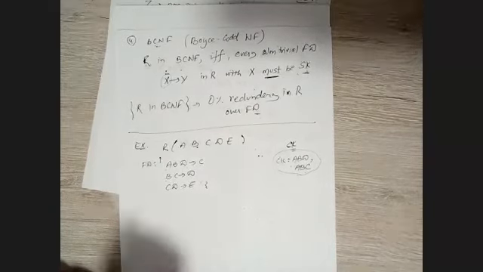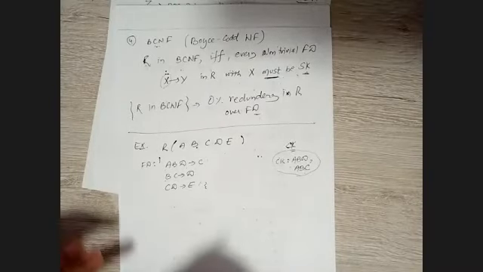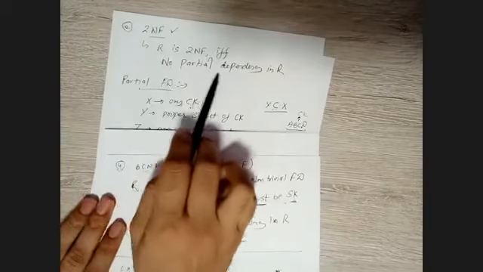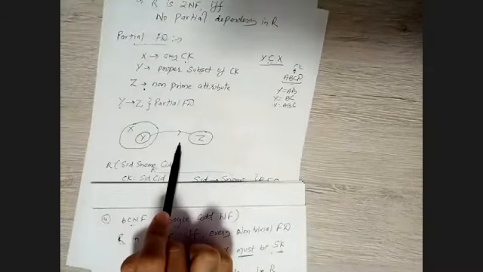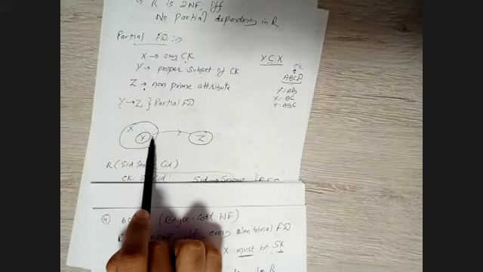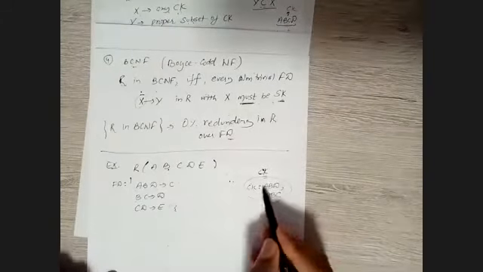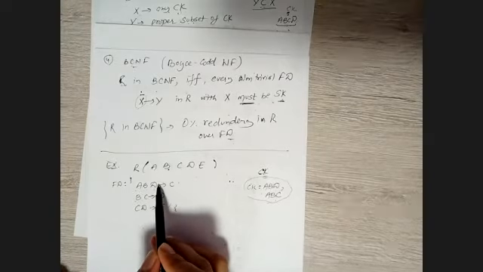Now let's check 2NF. What does 2NF say? There should not be any partial functional dependency. We understood what partial functional dependencies are: part of your candidate key identifying some non-prime attribute. So these are candidate keys, and there is nothing wrong; this is a complete candidate key identifying.